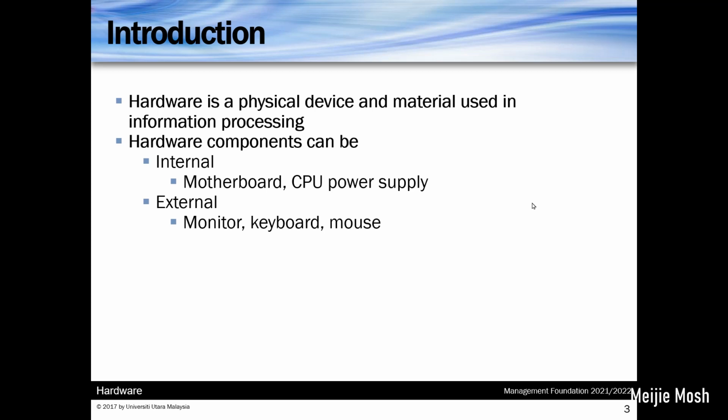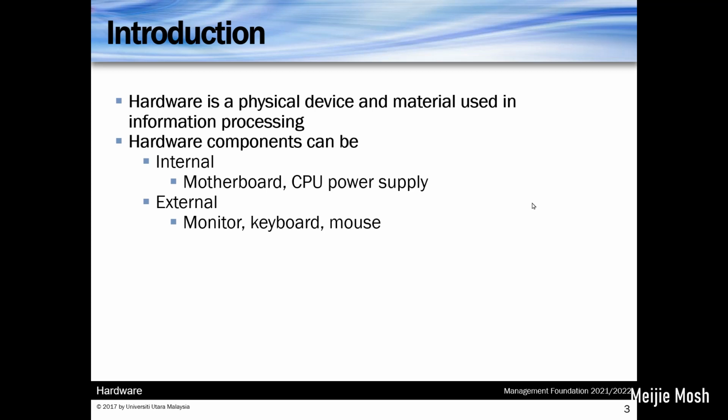Computer hardware is the physical parts or components or devices or peripherals and materials used in information processing that a computer system needs to function. Computer hardware is the collection of all the parts that we can physically touch.